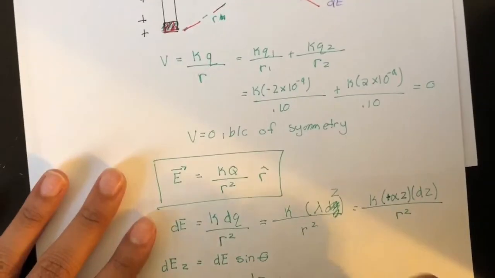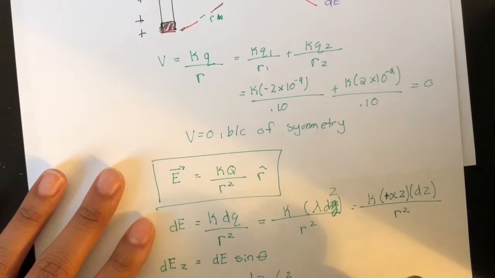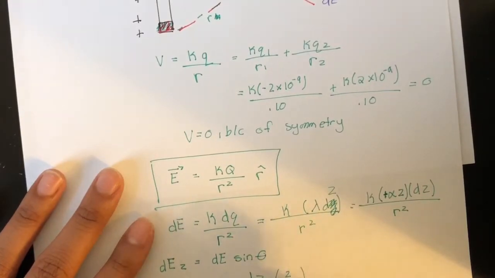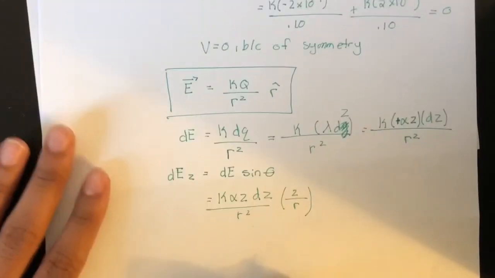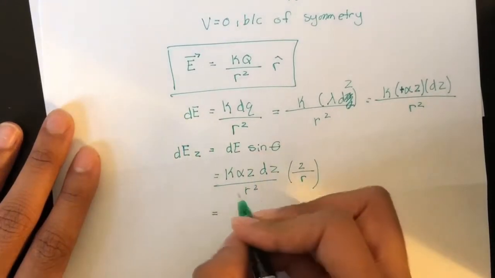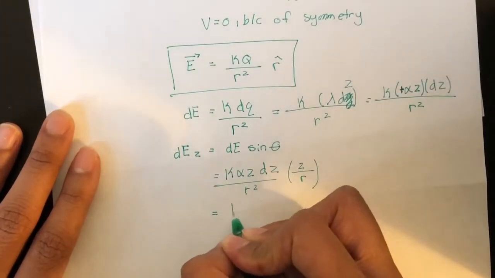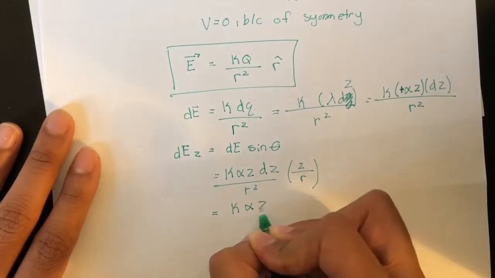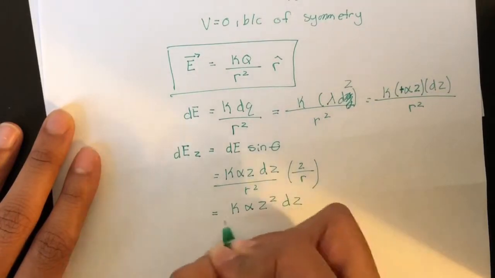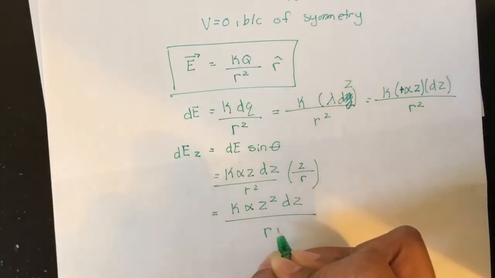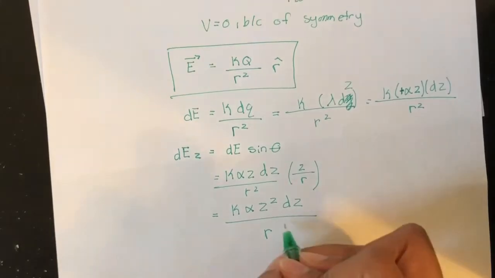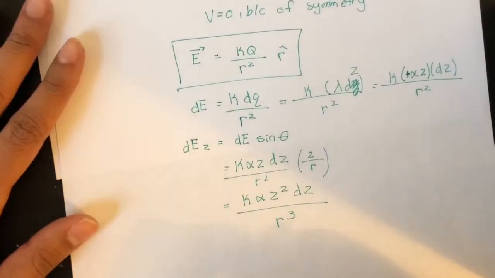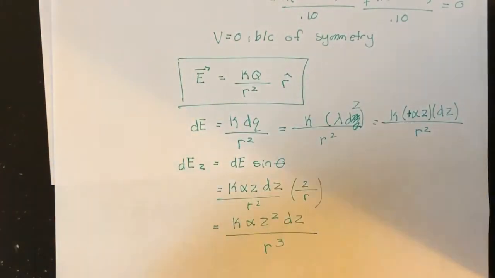So z over r. This is r squared. So then k alpha z squared dz over r cubed. And that's just one of our tiny pieces.